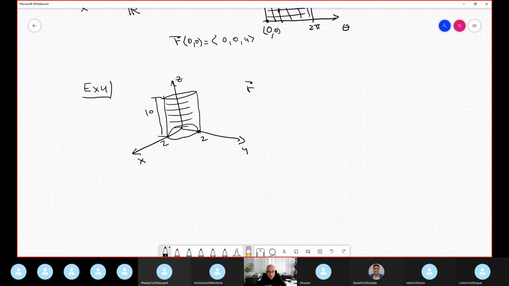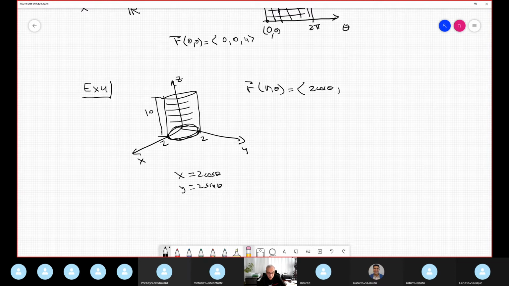And for the parameterization, I use again cylindrical coordinates. In cylindrical, for example, r and theta. I declare the x component is 2 cosine theta, because you know very well that x equal cosine theta and y equal sine theta represent in 2D a circle.